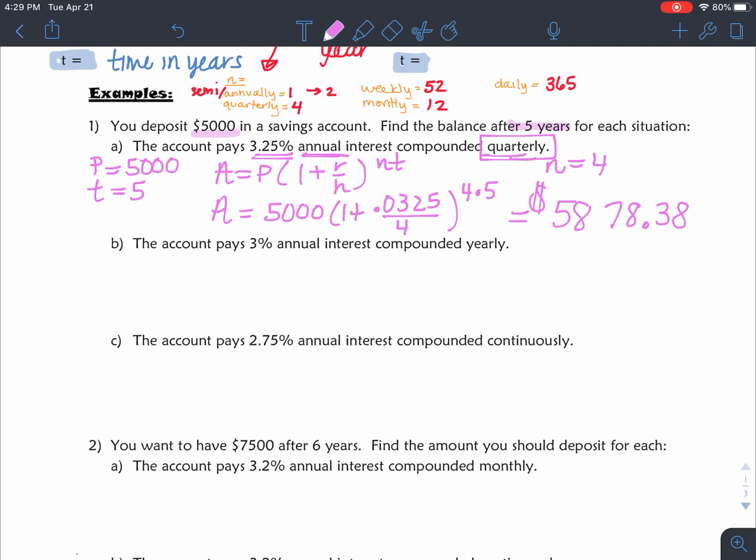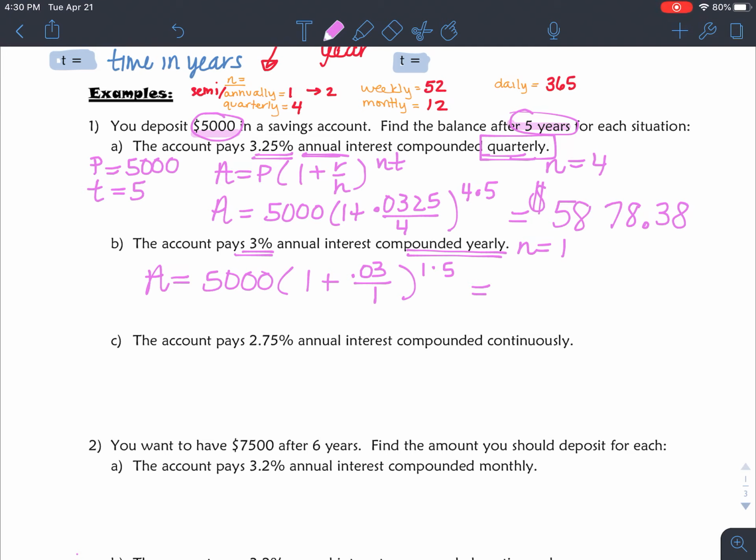The next one, same given information. However, we're now telling you the rate is 3% and it's compounded yearly. Yearly would just be one time. So A equals 5,000 times 1 plus my rate is changing to 0.03 divided by, now my N is equal to 1, raised to the 1 times 5.